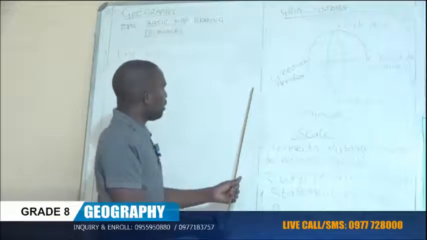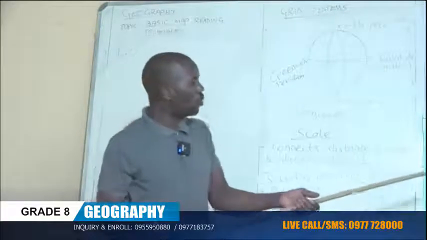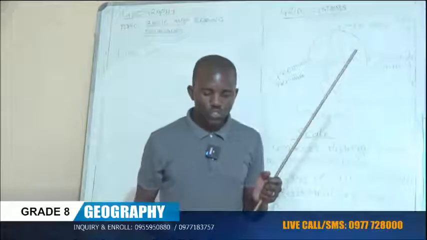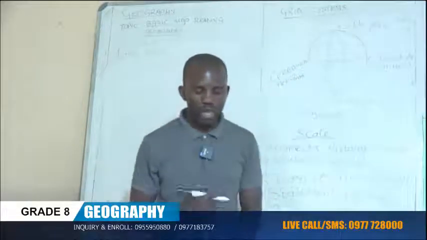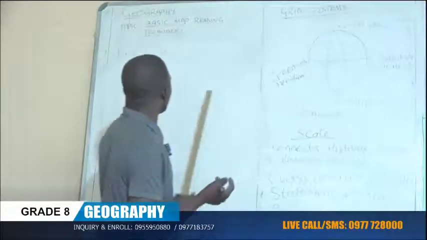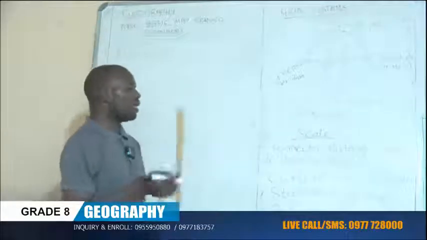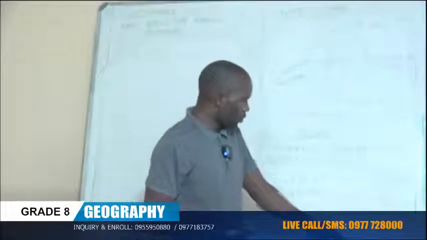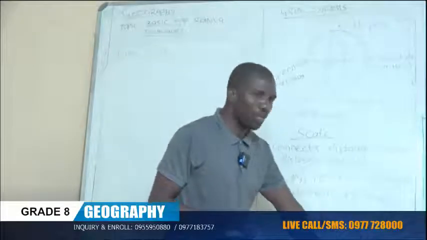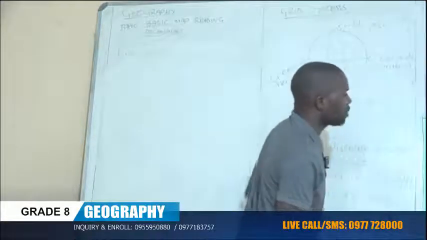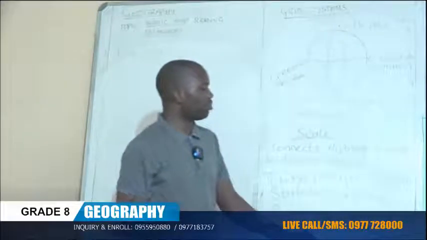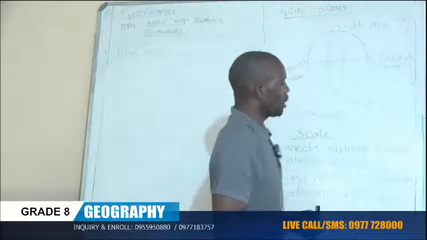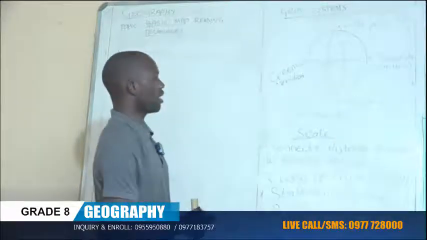The length of this line scale drawn on the map represents the distance on the map, but the figures or units labeled on the same line represent the real distance on the ground.